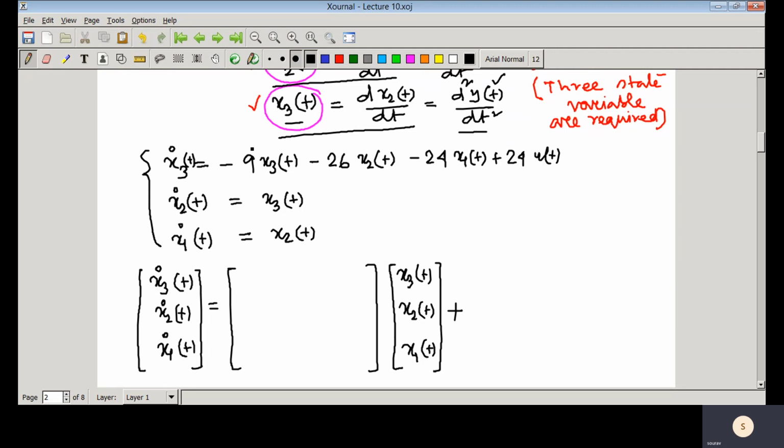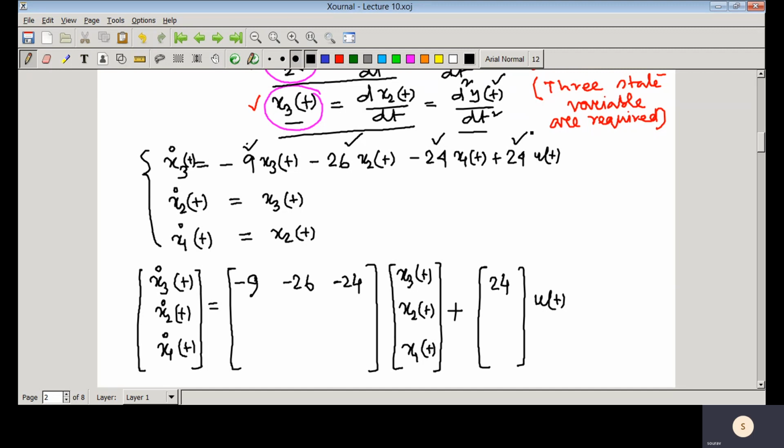So now we can see here minus 9, then minus 26, then minus 24, and here you have another matrix term, here you have 24. So the first equation is written in matrix form.